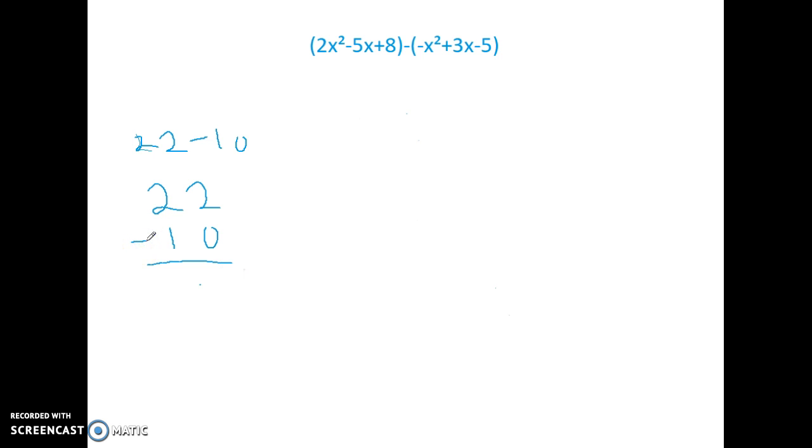So 2 minus 0 is 2, and 2 minus 1 is 1, so you have 12. Okay, that's probably a subtraction that you can do in your head, hopefully, but it's just to show you how stacking works, and then we can use this skill on polynomials.